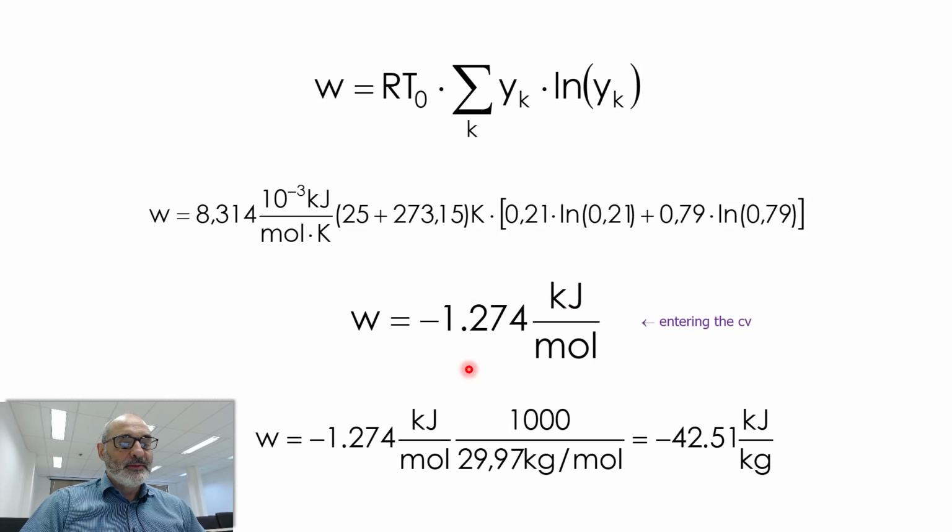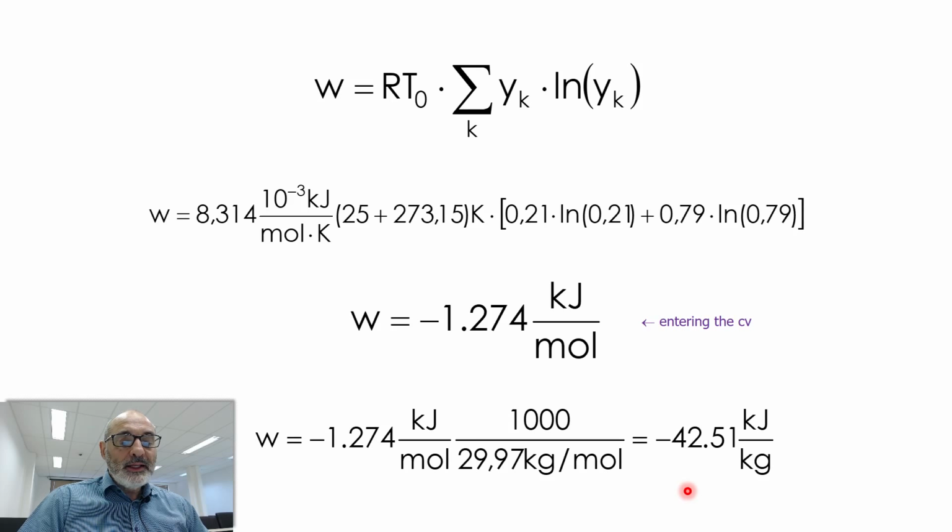What does this number mean? Well, we can convert it to a kilogram basis by multiplying by the molar mass of air, or of atmosphere. So 1.274 kilojoules per mole is 42.51 kilojoules per kilogram.